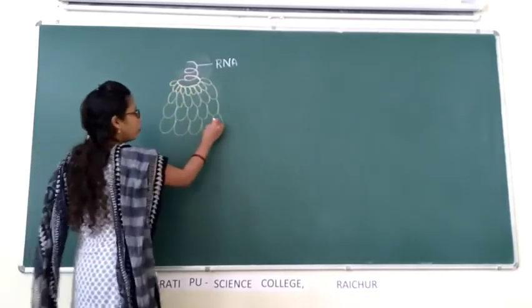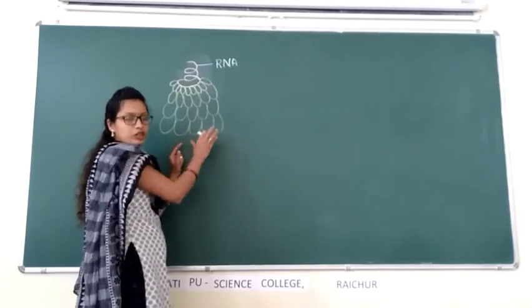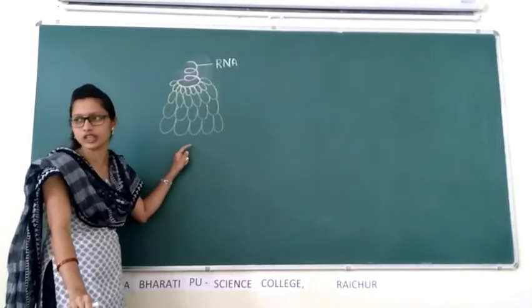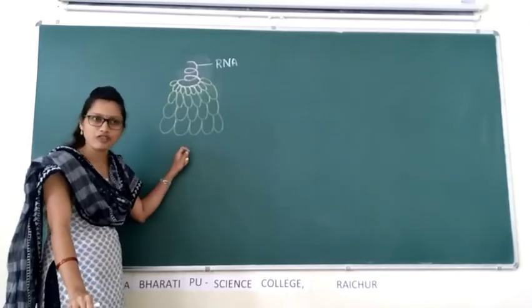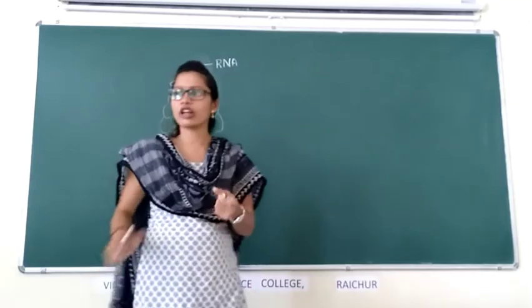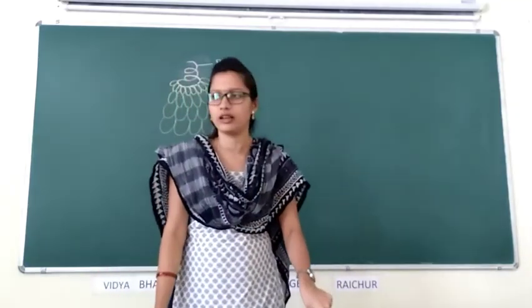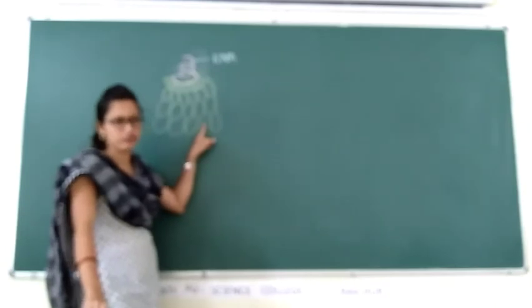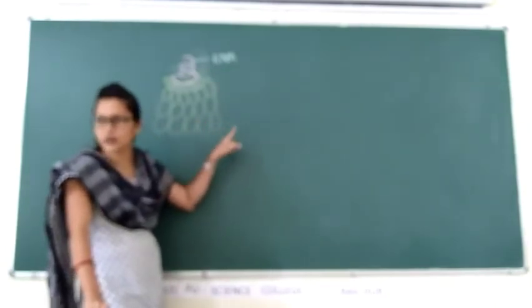And these are the protein coat. The protein coat always protects the genetic material. In case of viruses, the protein coat covers the genetic material, and the protein coat is called the capsid.